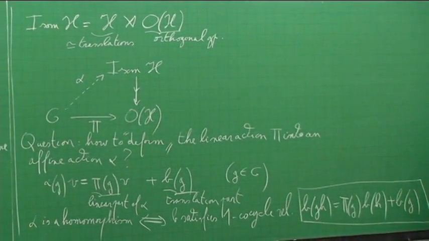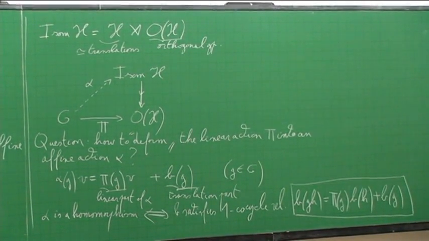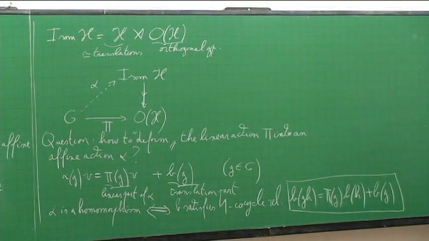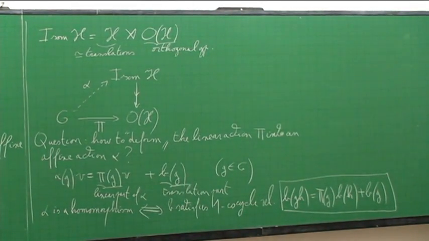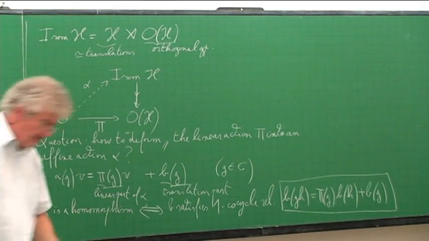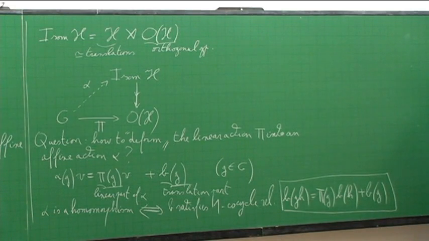Okay. And now let me use that part of the board to write a dictionary between affine isometric actions and one-cocycles.